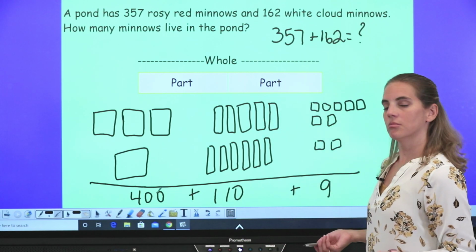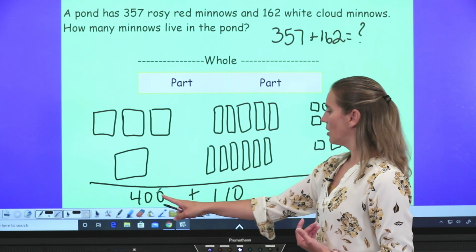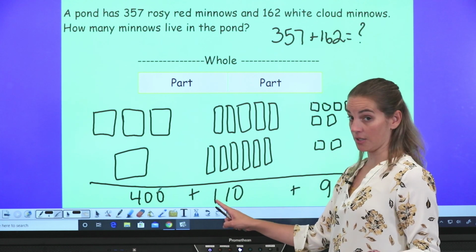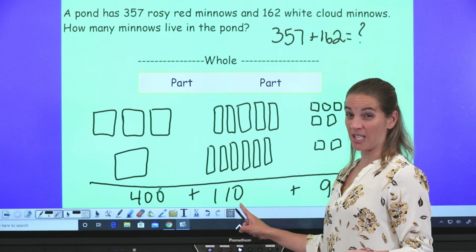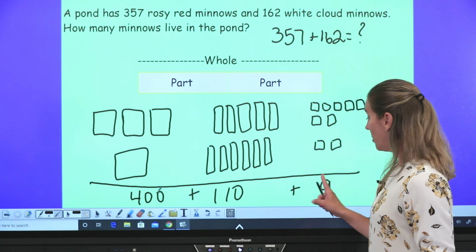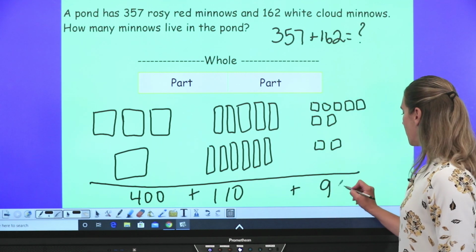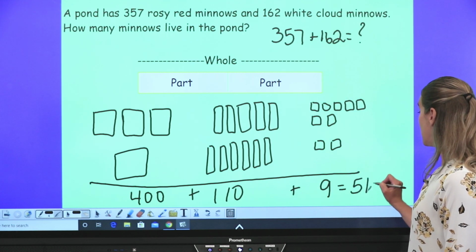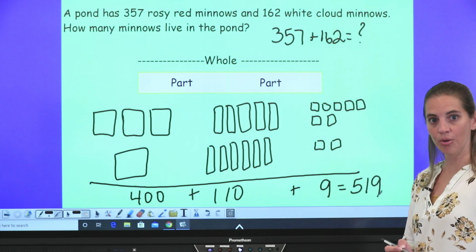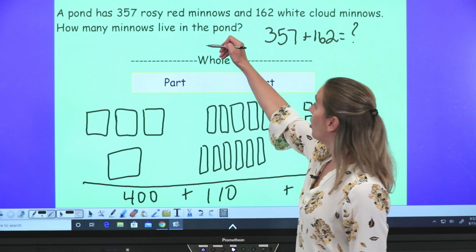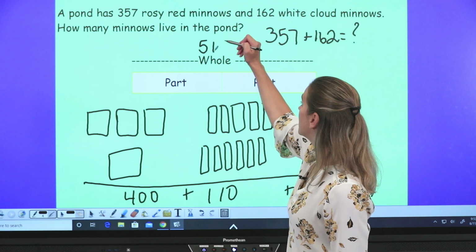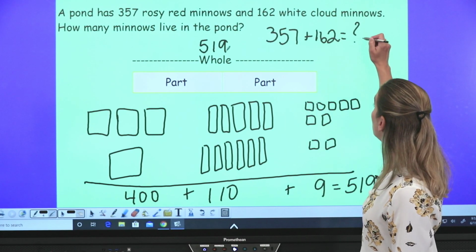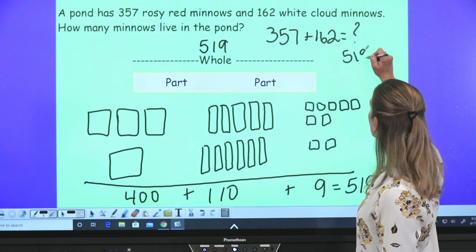All right, well, let's add those together. Well, 400 plus 100 is 500. Plus that extra 10 is 510. Plus 9 gives me 519 minnows total. So my whole is 519 minnows. Great job, guys.